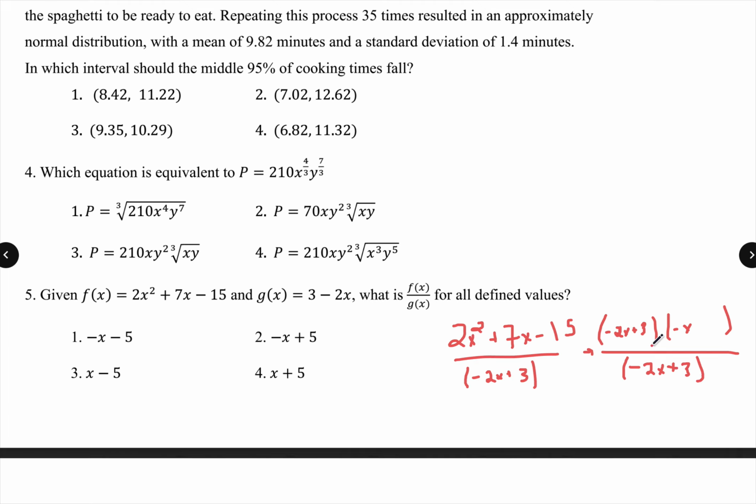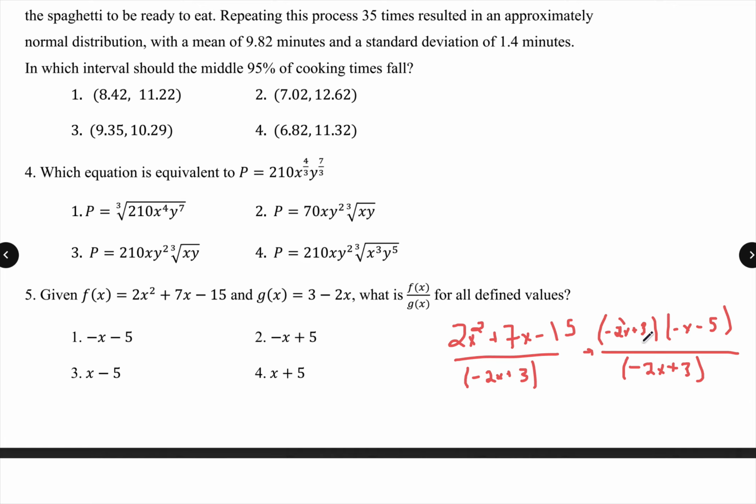What number times positive 3 is going to give me negative 15, right? There's really only one number, negative 5. If I work this out in my head, negative 2x times negative x gives me 2x squared. Negative 2x times negative 5 gives me a positive 10, and then I'm subtracting negative 3x, that gives me positive 7x, and then my negative 15, which is how I got it.